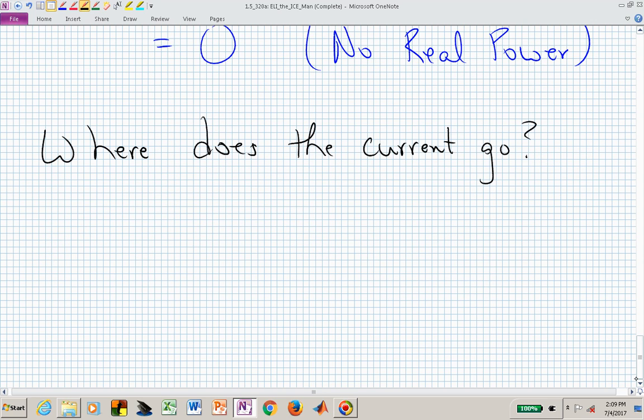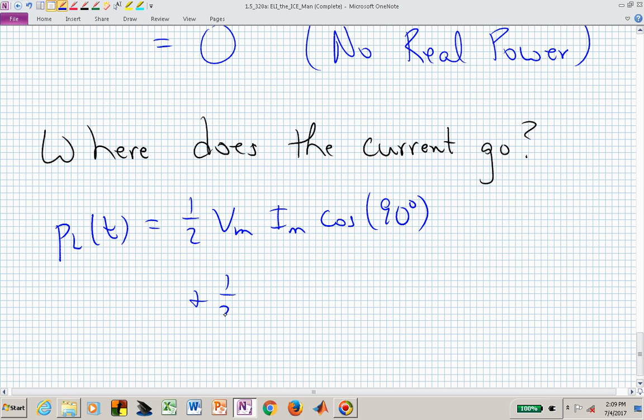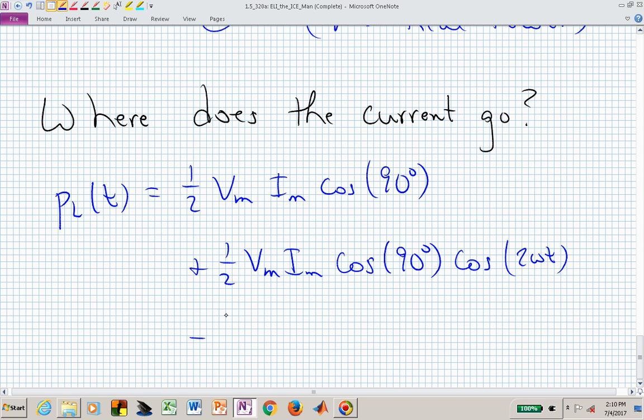If we look at our instantaneous power expression, and I'll subscript it with a lowercase l to emphasize that this is for the inductor, we have 1/2 V max I max cosine of theta sub V minus theta sub I, that's 90 degrees, plus 1/2 V max I max cosine of theta sub V minus theta sub I, that's 90 degrees, cosine of 2 omega t, minus 1/2.